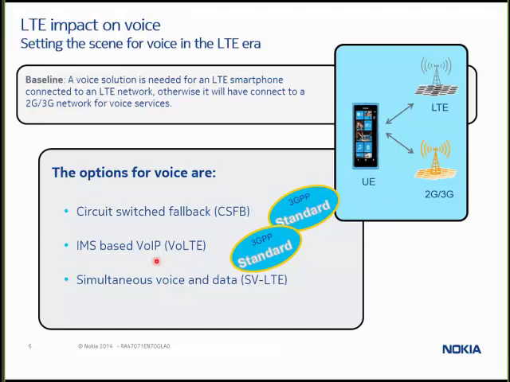The last option is actually not set up as a standard, it's called simultaneous voice and data, where we allow the subscriber to do both voice and data, and how we implement it as manufacturers is up to us. It's not set by the standard. This is how you will implement it. So that's why we call it non-standardized, yet it is very possible to be using those technologies.